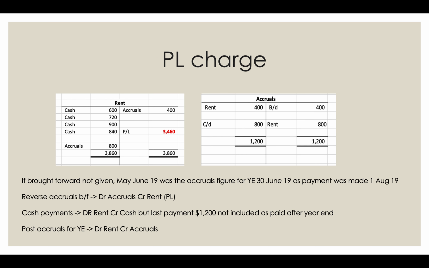If the brought forward is not given, the accruals figure is to be calculated, and the technique is to think of a year before, that is the year end 30th June 19. At that date, May and June 19 were not paid yet because the payment was made after the year end on the 1st of August 19.